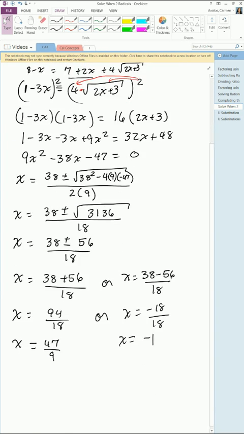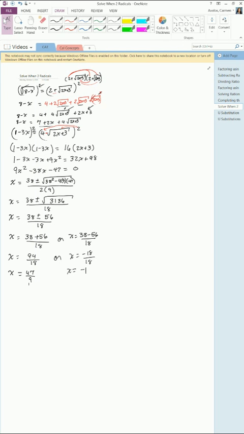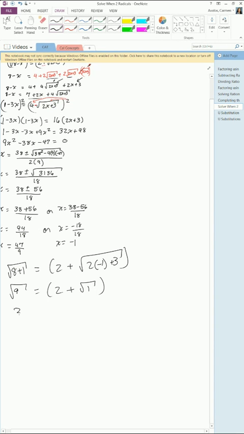So for example, we would do the square root of 8, and then it's going to be plus 1 equals 2 plus the square root of 2, negative 1 plus 3. So that is going to give you square root of 9, 2 plus, that's going to give you square root of 1. And so 3 is equal to 3, right? So that means that this is a solution.